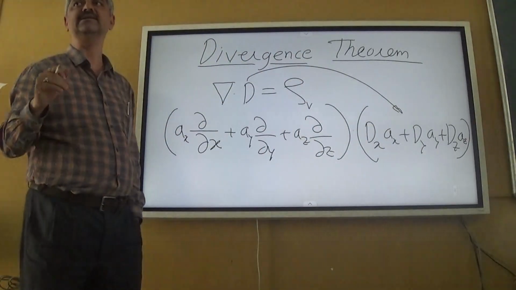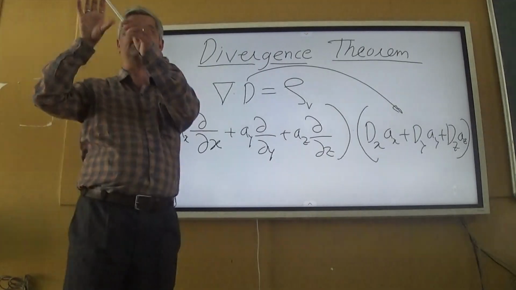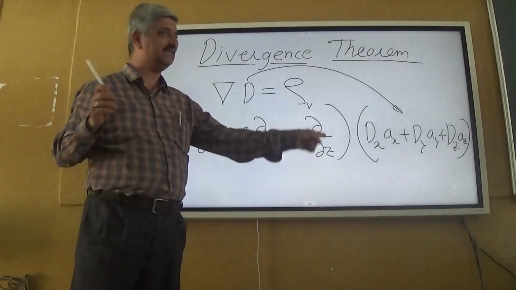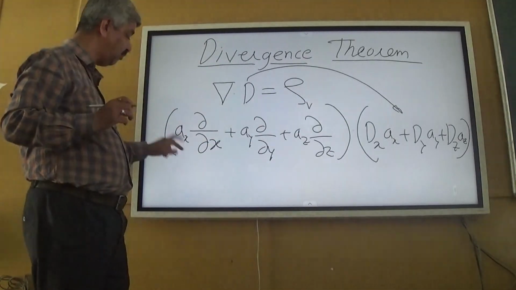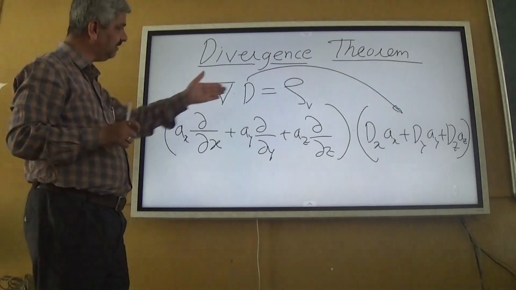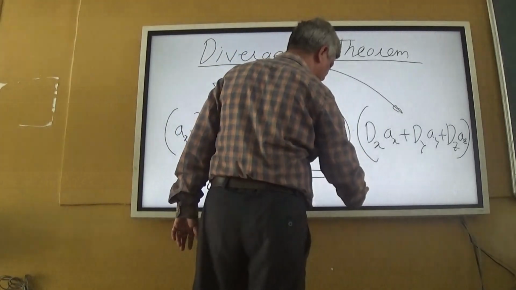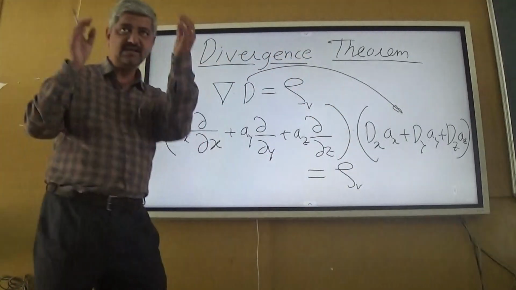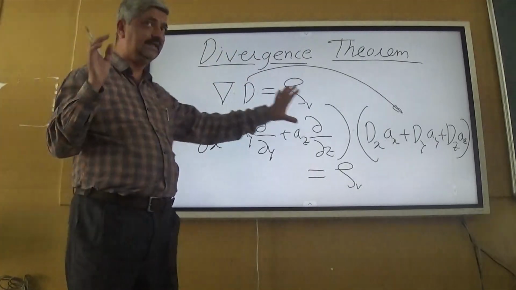At every point it has some magnitude and some direction, with its projections on the three coordinate axes being Dx, Dy, Dz. While writing, ax is deliberately written before del by del x. And that corresponds to the volume charge density. Del dot D is rho.